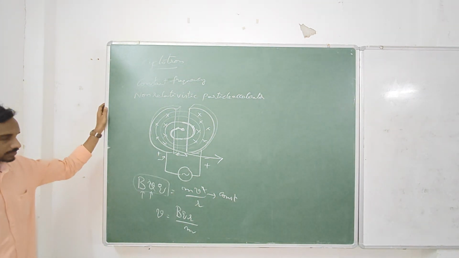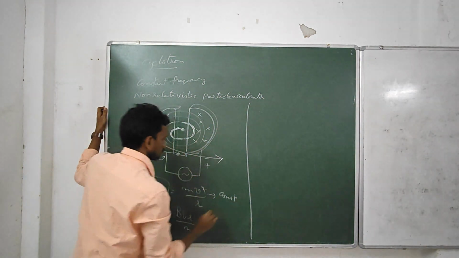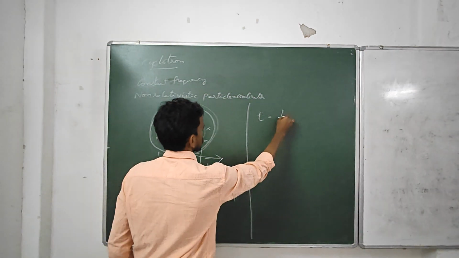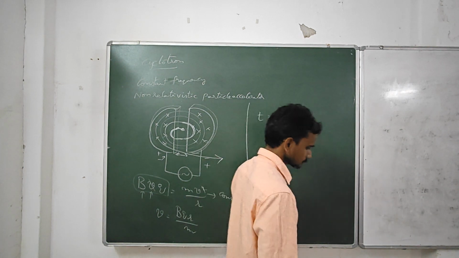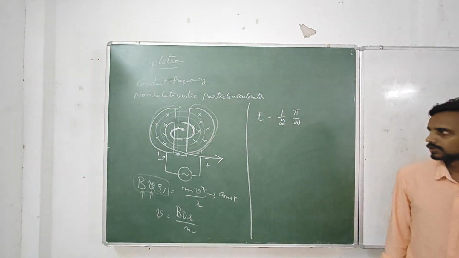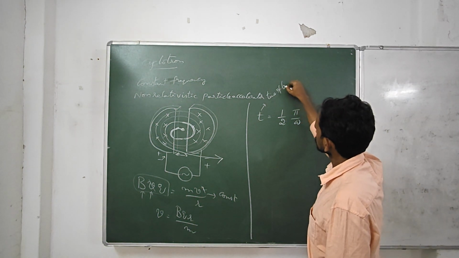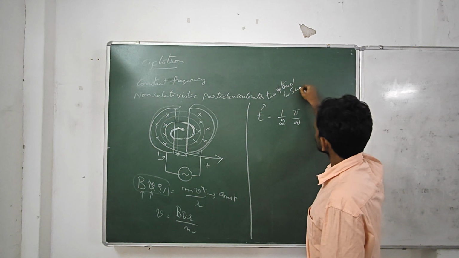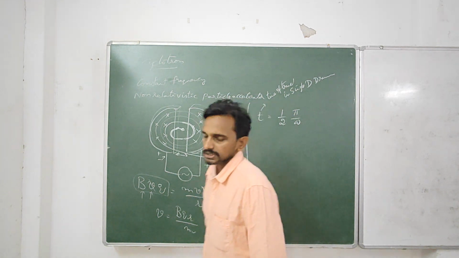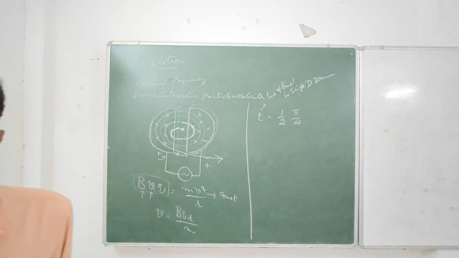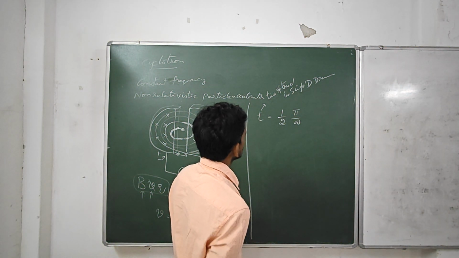So this is the velocity of the particle, and the time of travel in a single drum is half of the time period.